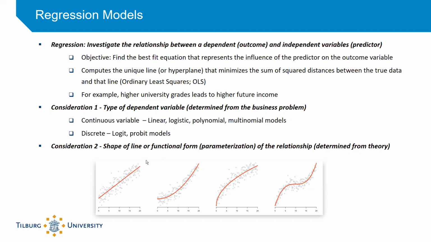So figuring out the functional form and shape of line is often referred to as parameterization. In contrast, certain machine learning methods are non-parametric. That means they do not restrict a functional form. They do not start with the understanding that there is a functional form. An infinite possibility of forms exist, and they'll try to figure out what is the best option.